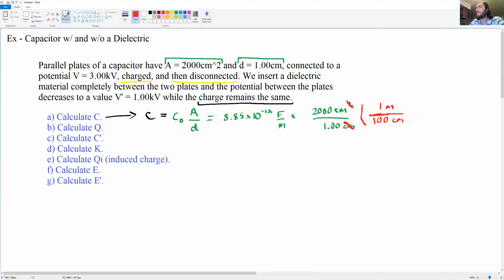That will give us the correct units for our final answer. So centimeters will now cancel here, and then the meters will cancel as well, leaving us with units of farads. You guys put the answer into the chat here. I'll go ahead and calculate the answer myself as well. So put your answers in the chat.